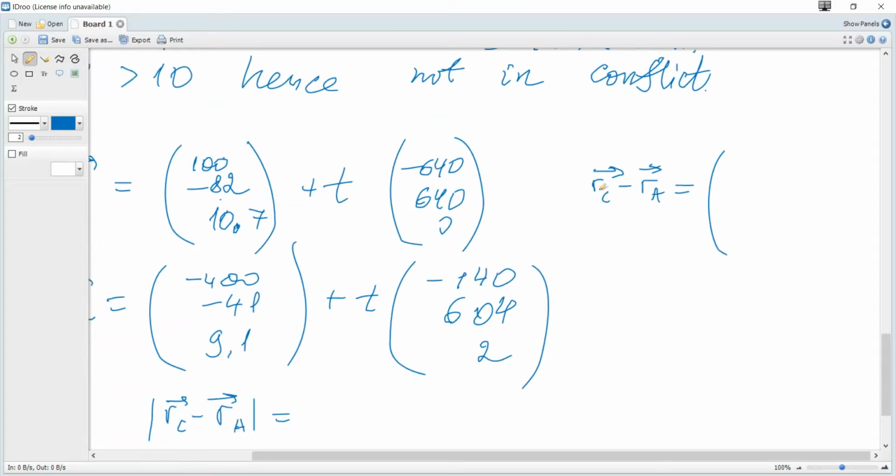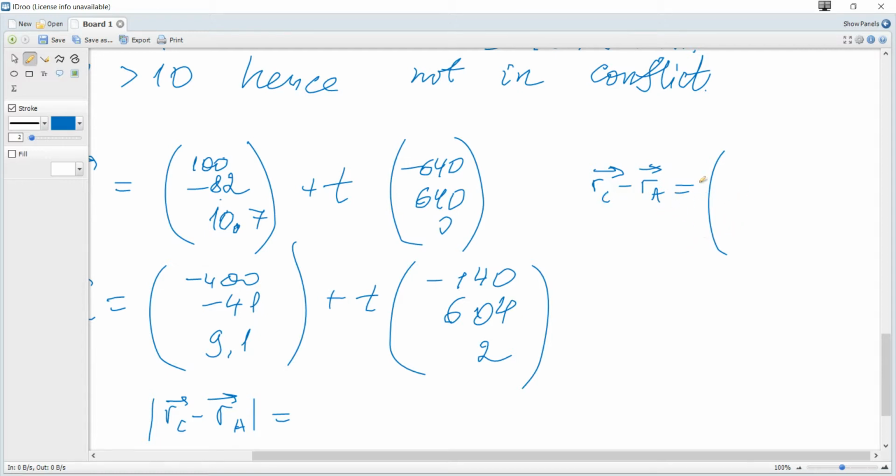So to find this difference, it's just x coordinate for C minus x coordinate for A, and y coordinate for C minus y coordinate for A, and same for z.